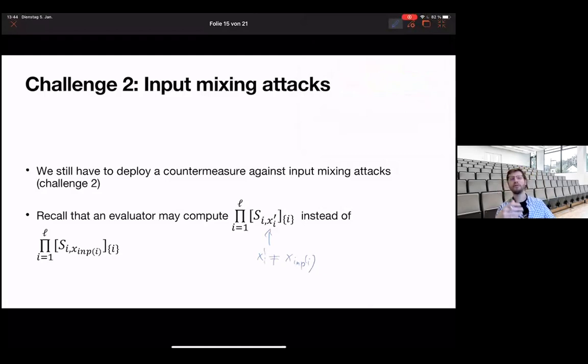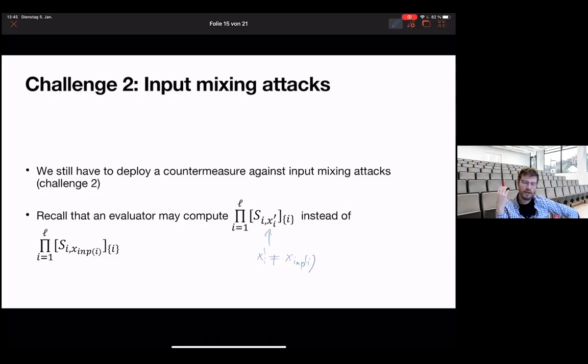The power of the branching programs comes from the fact that this imp function is not trivial, that we use the same input bits in very different locations. Now we need to force the evaluator or adversary to actually choose this xi' as x_imp(i).